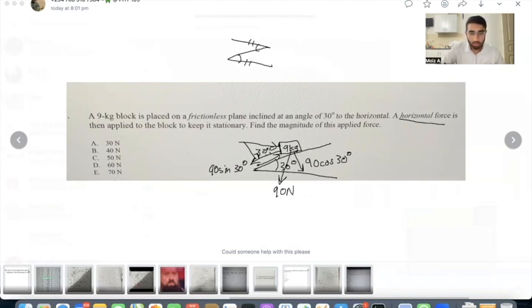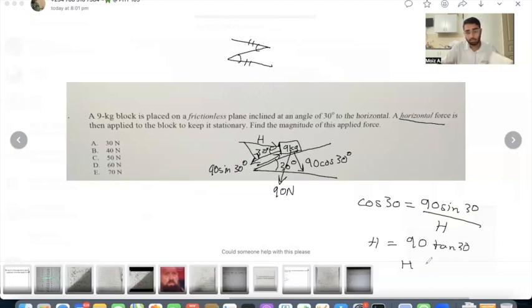Here it's cos 30 equals, so it's 90 sine 30 over this horizontal force H, which we need to find. So H equals 90 sine 30 over 90 cos 30. So it's gonna be 90 tan 30, right?